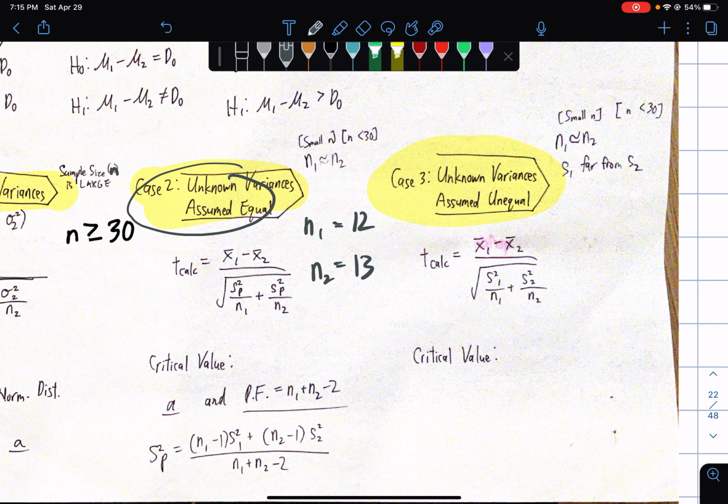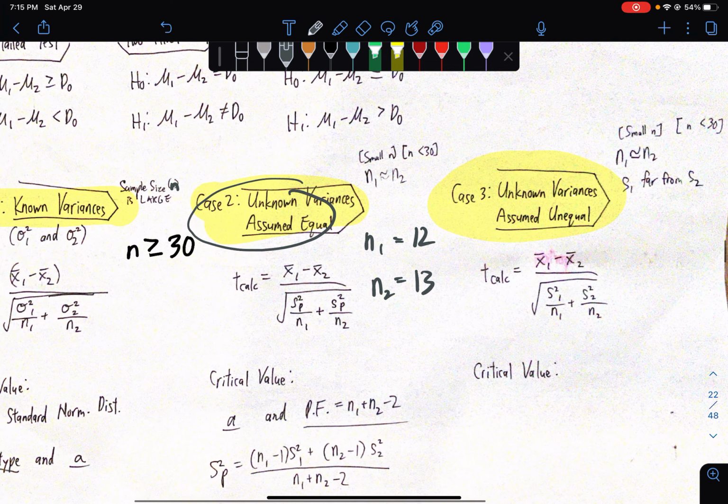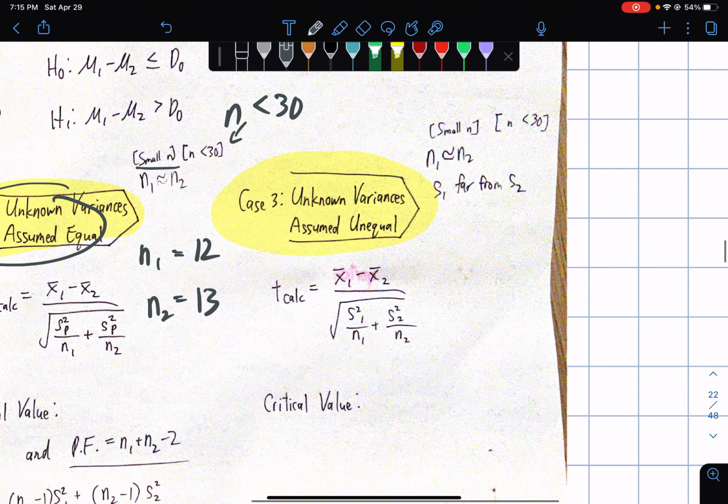Anyways, for case 3, n1, n2, by the way, we know that n is small if it is less than 30, as you can see here. So for case 3, unknown variance is assumed unequal.